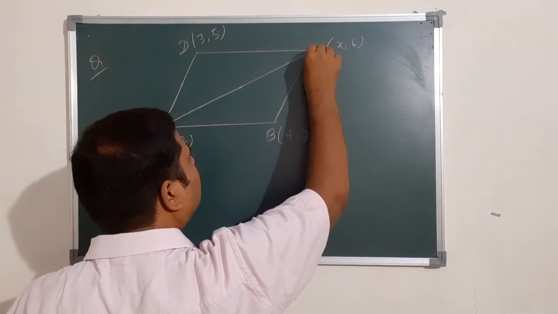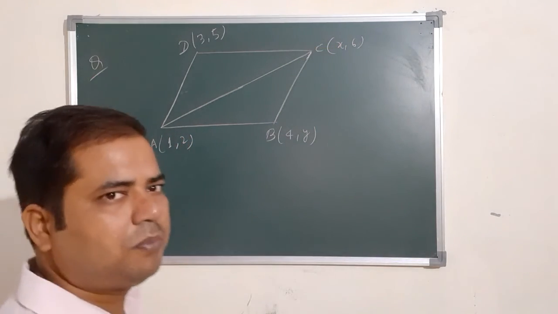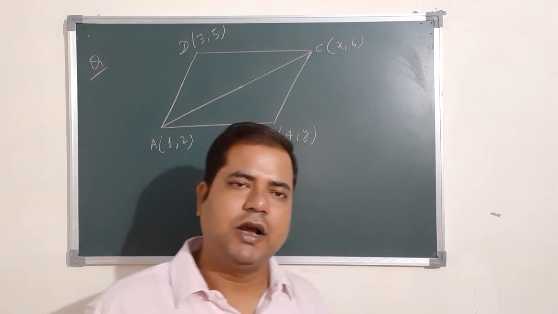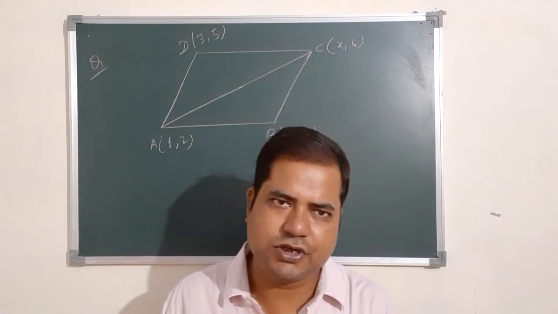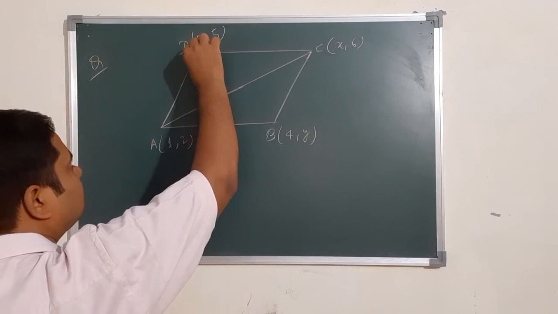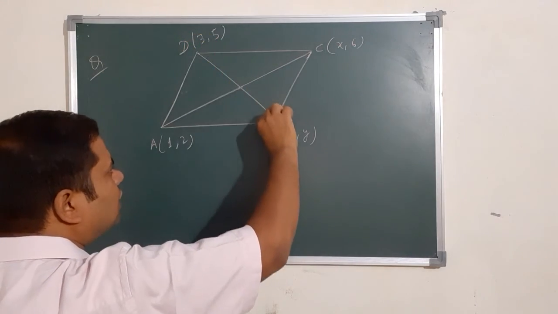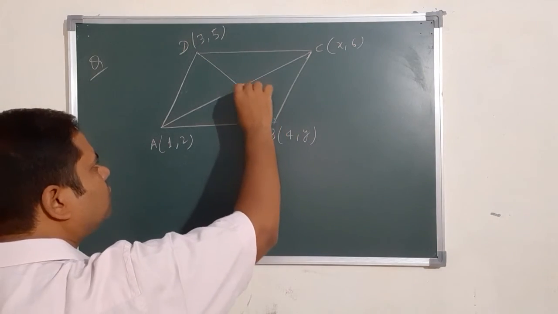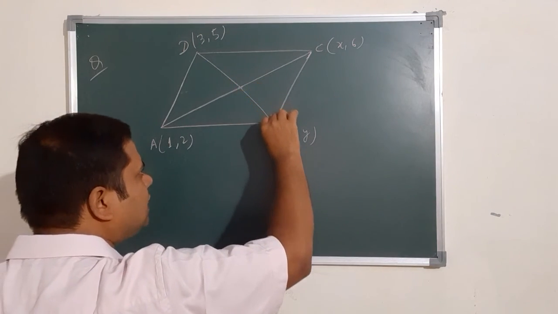Bisect means both the sides are equal. If we draw the diagonals AC and BD, these are the two diagonals which bisect each other.